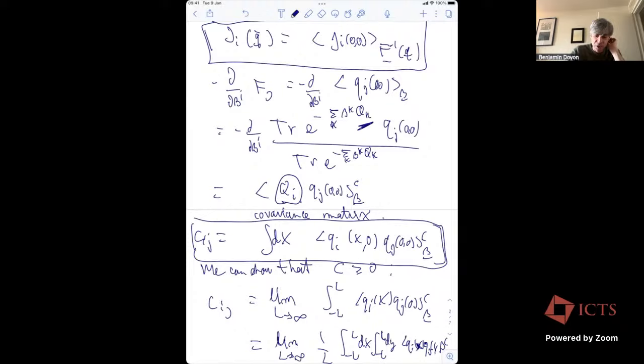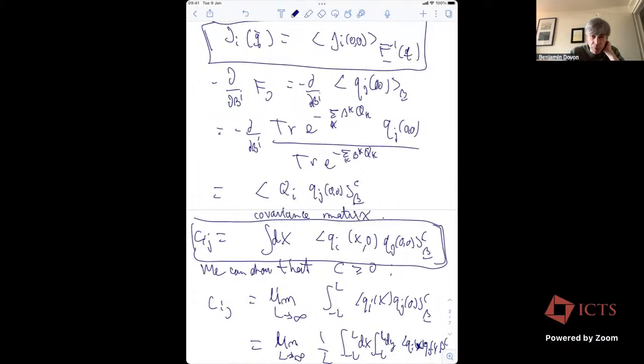Okay? So already in this calculation, I assumed that all the q's commute with each other in the quantum case. If it's classical, there's no ambiguity. If it's quantum, you have to say that the q's commute with each other. If they don't, there's a generalization of the covariance matrix, which involves the so-called Bogolyubov product.